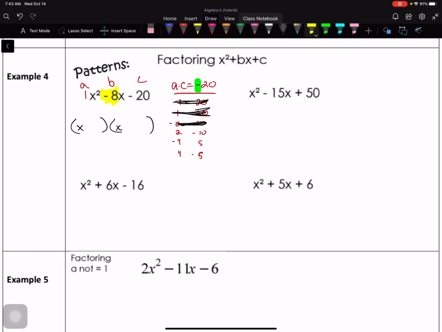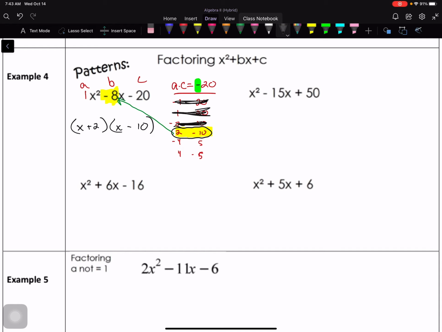And if you check, 2 plus negative 10 is indeed negative 8. So we got the negative 8. And again, because a is 1, you can just go plus 2 minus 10 from that special factor pair that you found. Nice little shortcut for you.